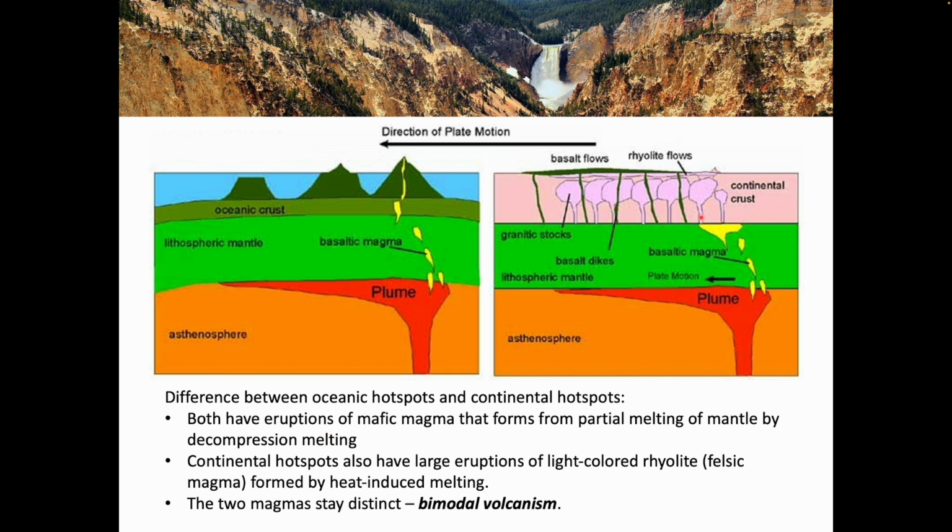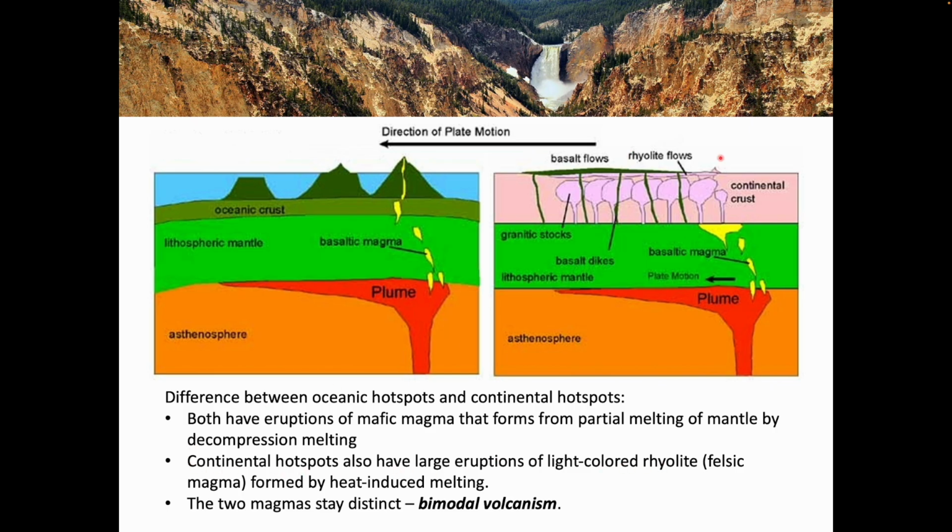That decompression melting does form basalt flows. We have basalt flows on continental hotspots, but they coexist with highly felsic rhyolitic volcanism, at the same place and sometimes the same time. Continental hotspots have large eruptions of rhyolite.